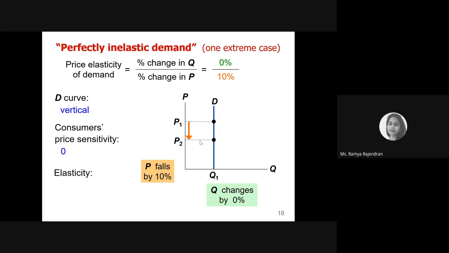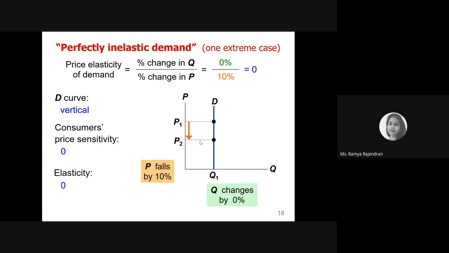Whether the price increases or decreases, people are going to buy the same quantity. We can say insulin. So this is a perfectly inelastic demand.